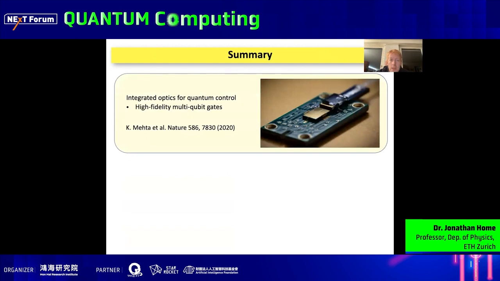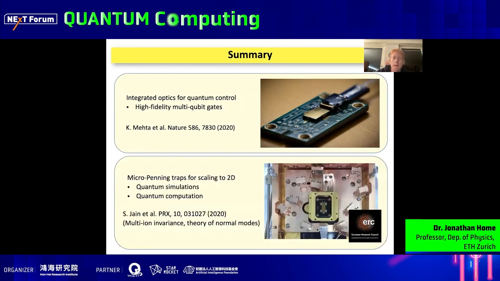So in summary, I've told you about how we have now demonstrated 2-qubit gates using integrated optics, and some of the interesting physics that opens up, but also the interesting possibilities for scaling up based on these approaches. I think it's a very nice playground to work in.